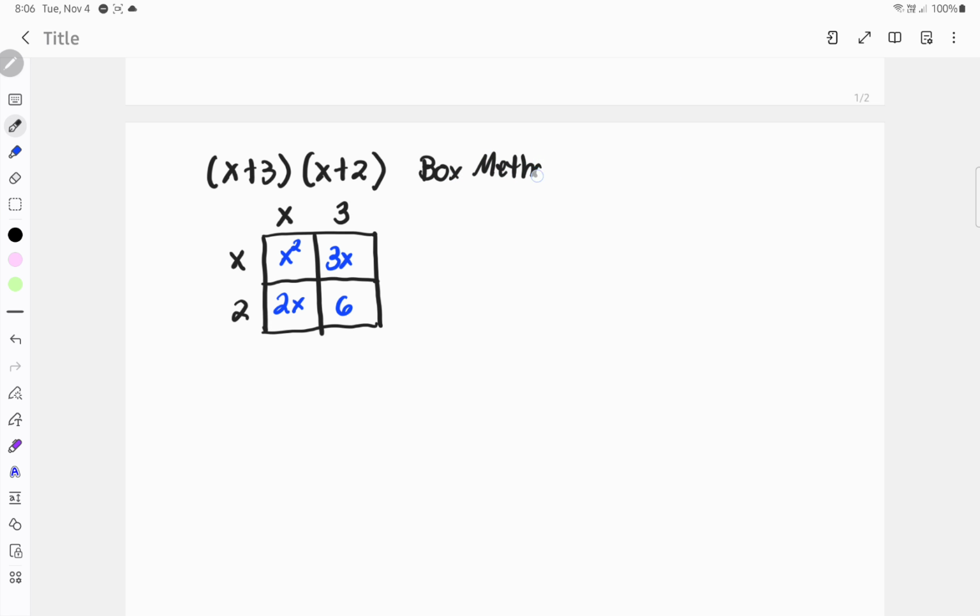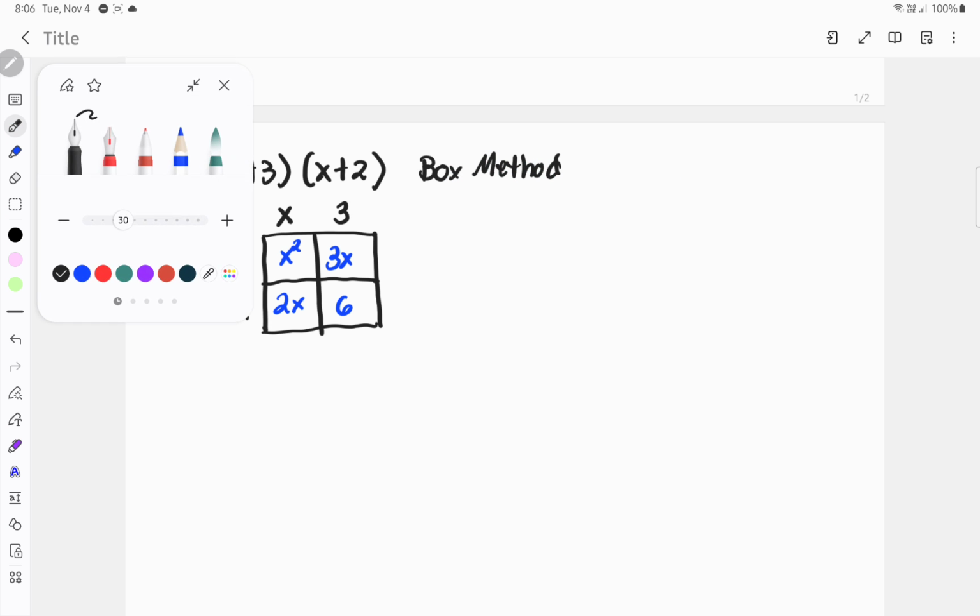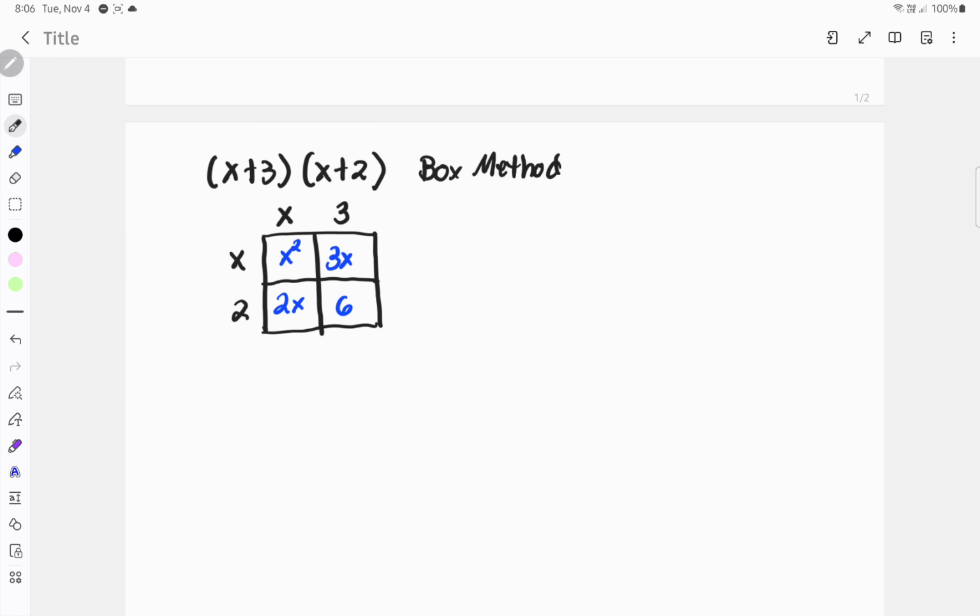Now, if you have the box method, you can rewrite your answer like reading a book. So we have x squared, followed by plus 3x, plus 2x, plus 6. Now, you need to analyze your partial answer.